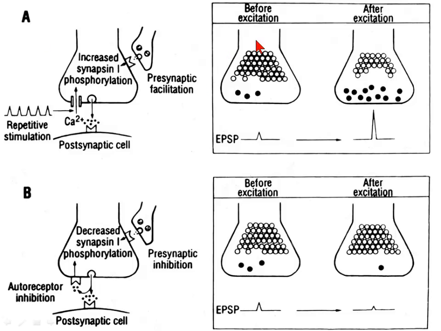So the idea here is we have a synapse. There are many vesicles in the presynaptic terminal that are inactive. They're bound to actin filaments via synapsin, and then there are other synaptic vesicles that are free to dock with the presynaptic membrane and to release neurotransmitters. So these are in the active or cycling pool.